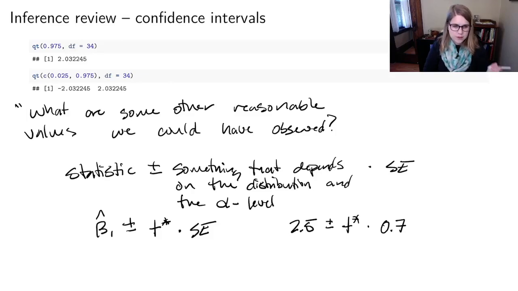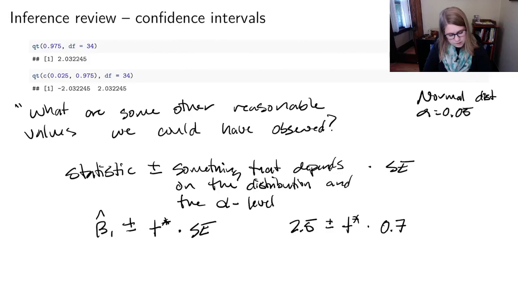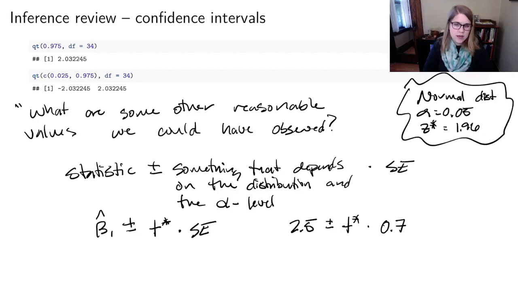Again, if I was using the normal distribution and alpha equals 0.05, then my z star value would be 1.96. So we can use that as a rule of thumb to see if our number makes sense. It's going to be around 1.96 because the t distribution is similar to the normal distribution, especially for big degrees of freedom, but it's not going to be exactly that.